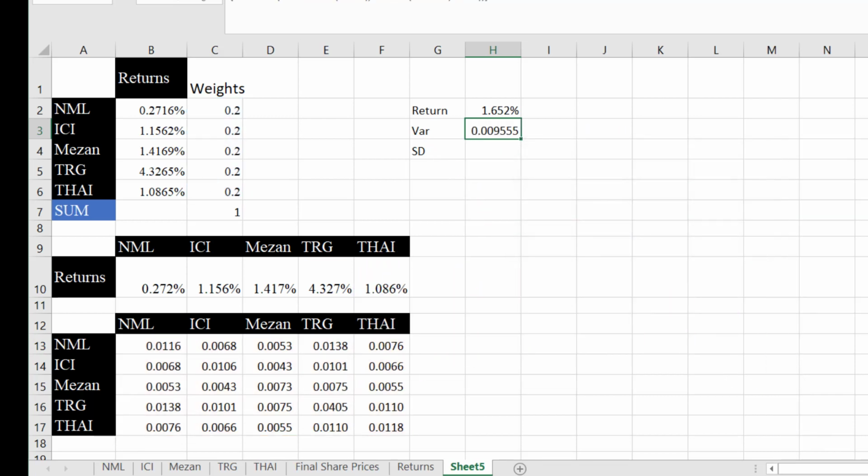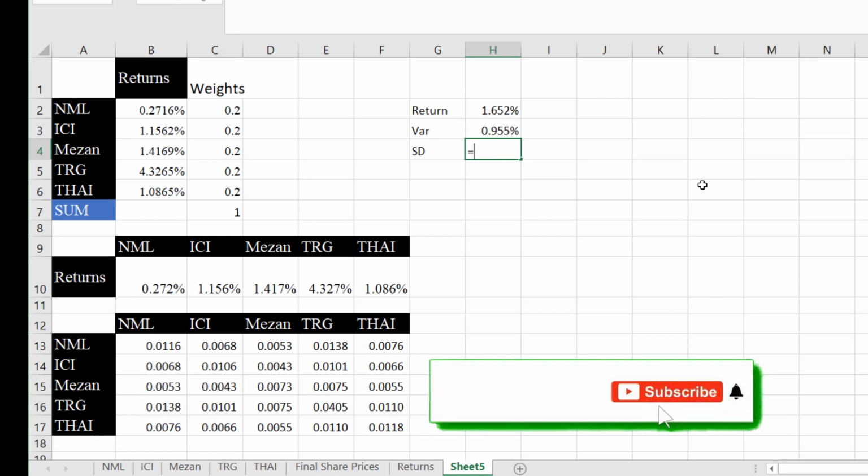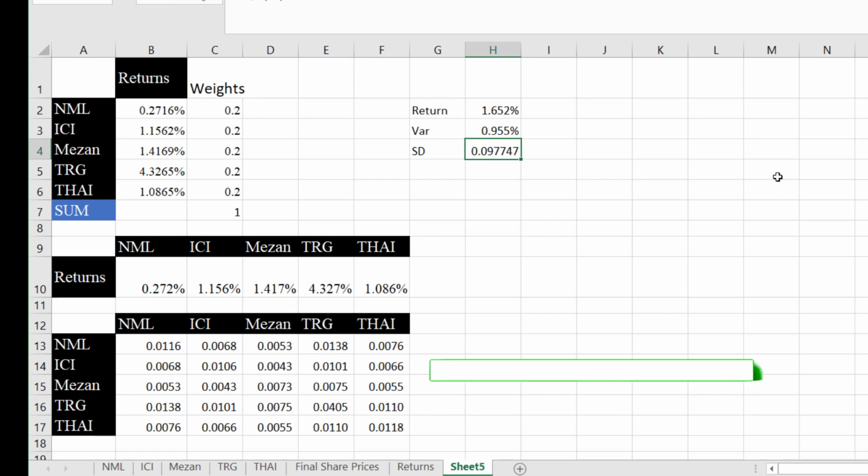That's the variance of the portfolio. And to compute standard deviation, I will write equal to square root SQRT of the variance, and we will get standard deviation of the portfolio.